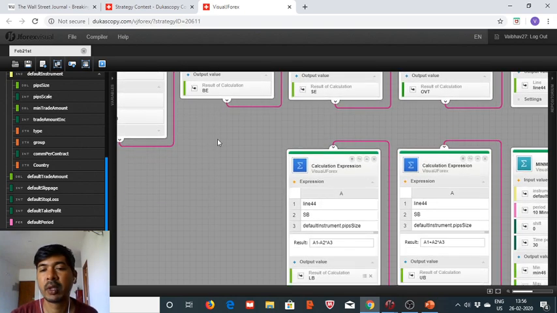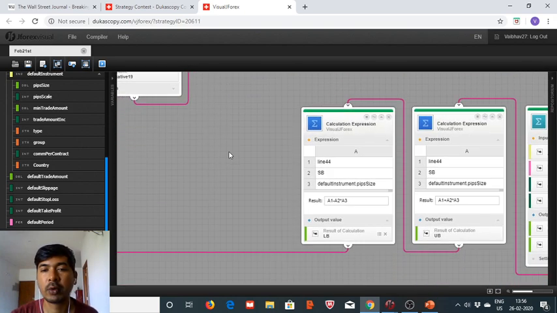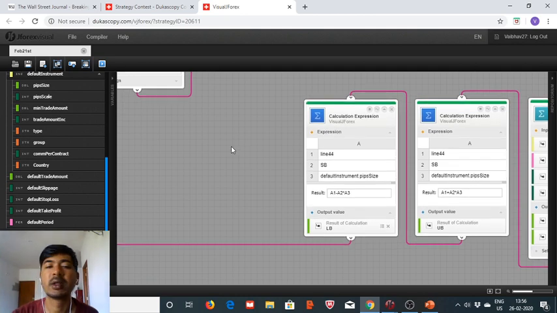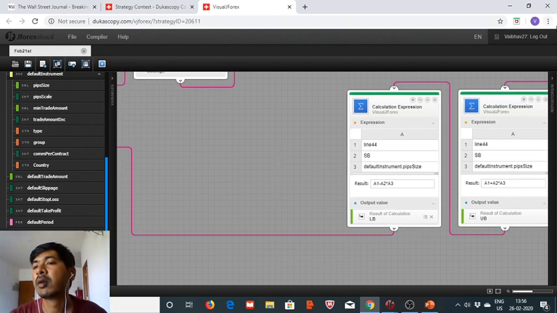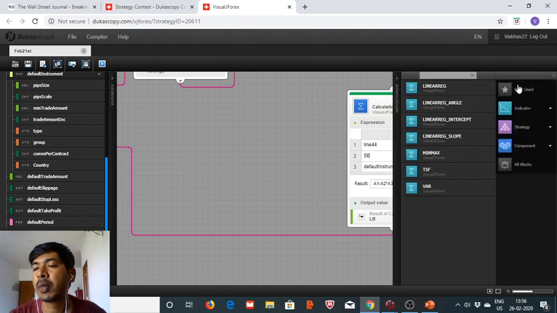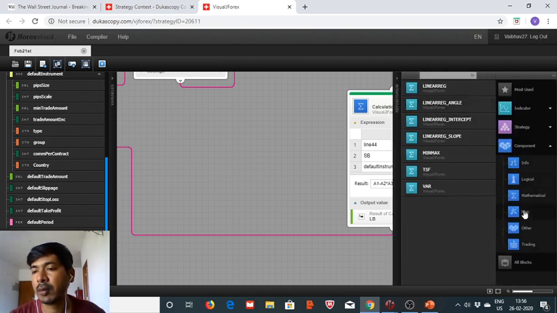And before that, we want to make sure that the conditions are fulfilled. So again, we will need to see that last tick value is within the price band. So we bring in if blocks here, and we will be adding it to the execution parameters.